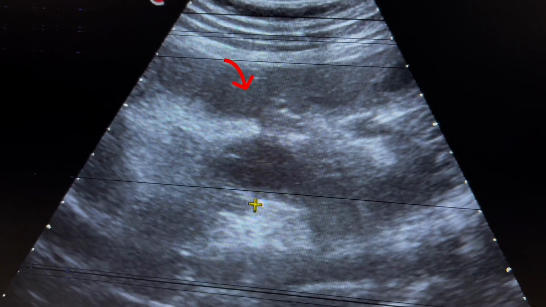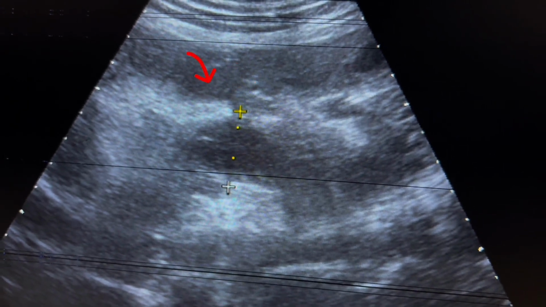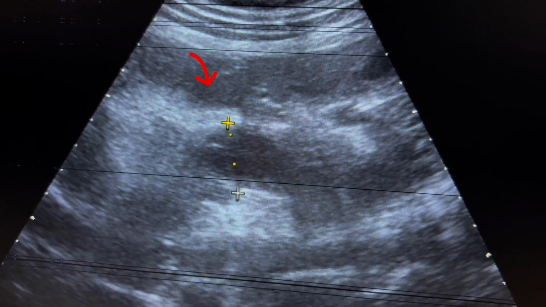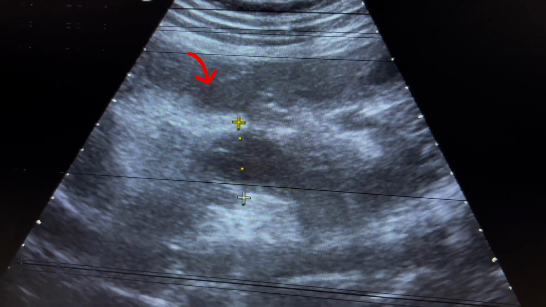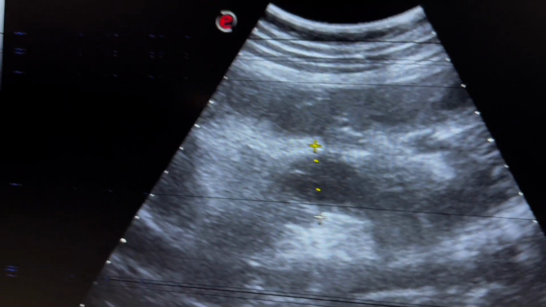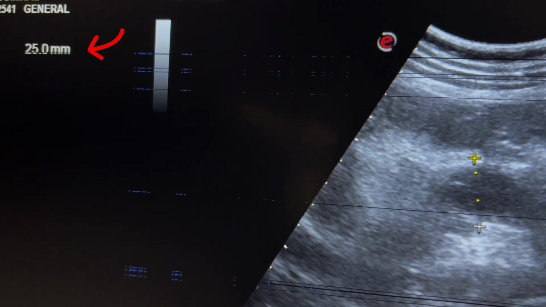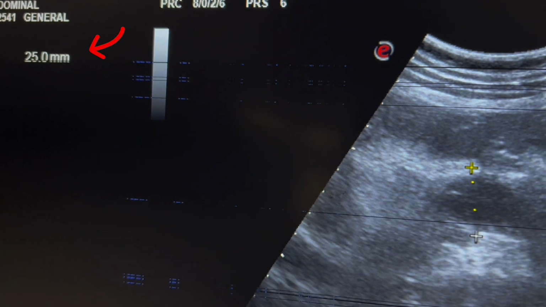Now we will measure the wall thickness of the ascending colon. The wall thickness of the ascending colon is 25 millimeters.